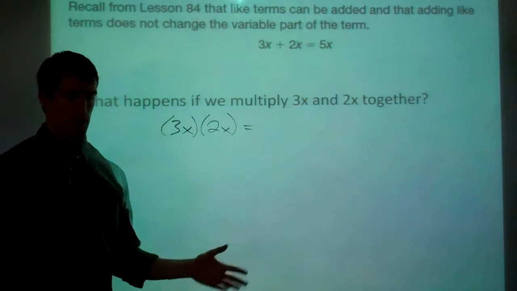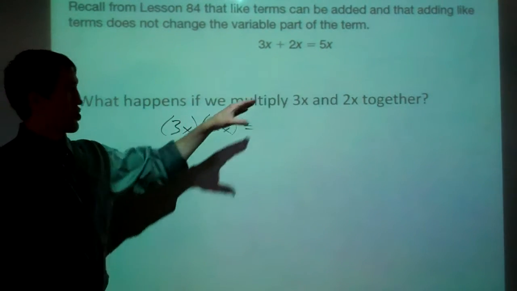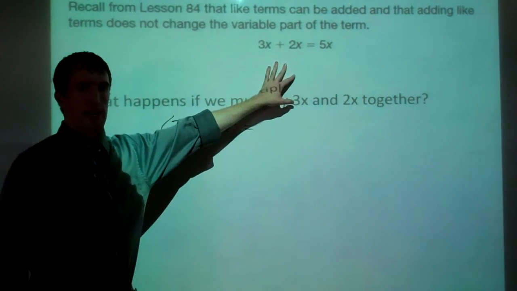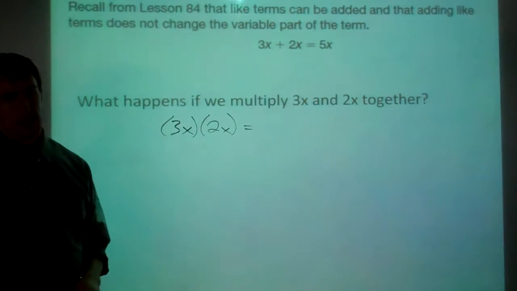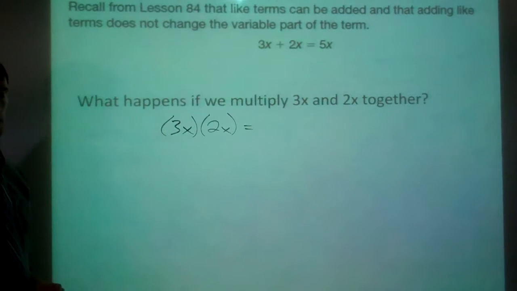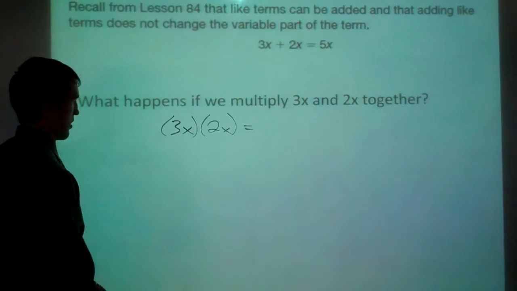We can multiply two things together whenever we want to. The rules are not as strict as when we add, because we can only add things that are like terms. Doesn't matter here, and we'll see that in a second. But the important thing with multiplication is that we can reorder things. The commutative property says we can multiply in any order that we want to.